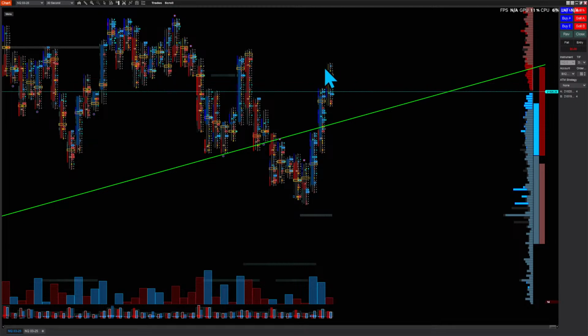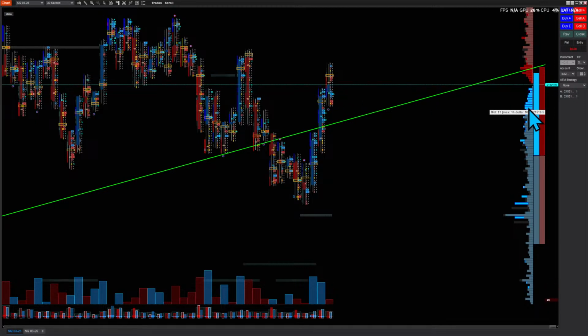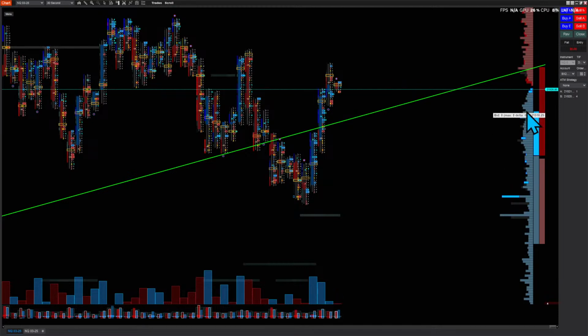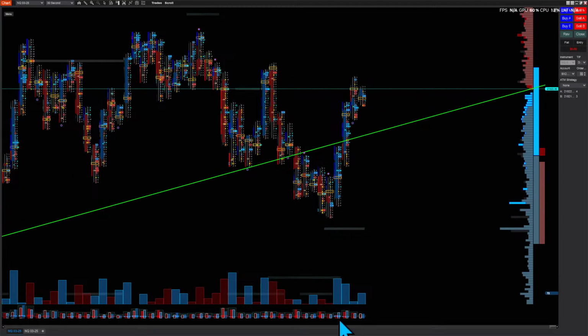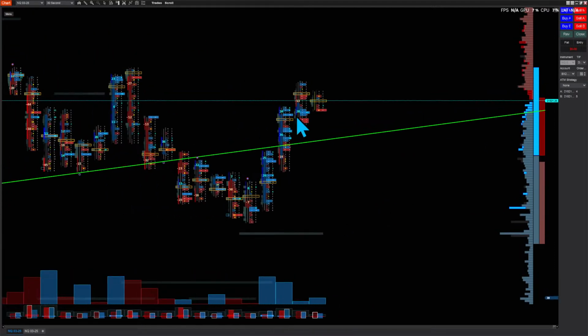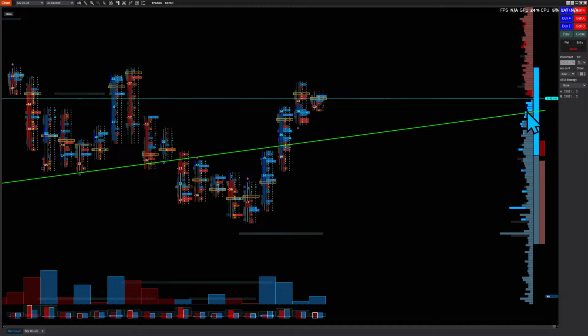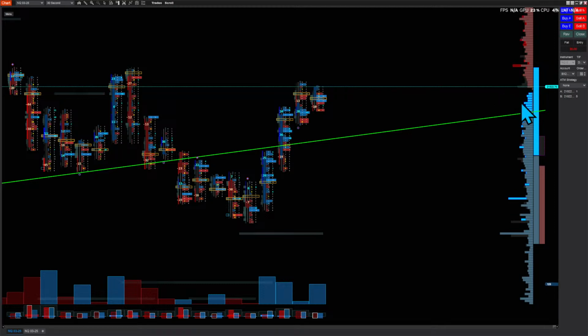Then we see how level 1 interacts with level 2. So first the level 2 indicator, pulling and stacking, shows us the situation, and then we see the reaction on the footprint. Again, the footprint is the market reaction to what's going on with the hidden level 2 limit orders right here.